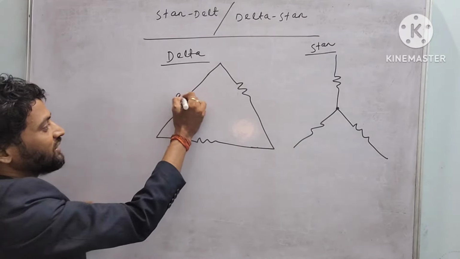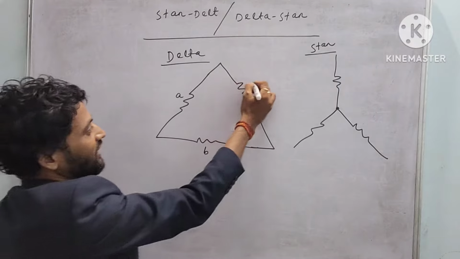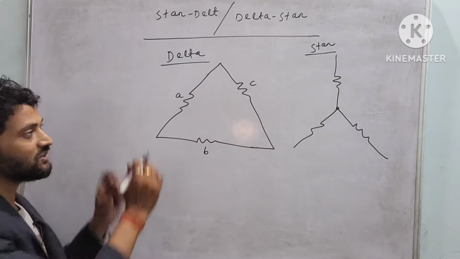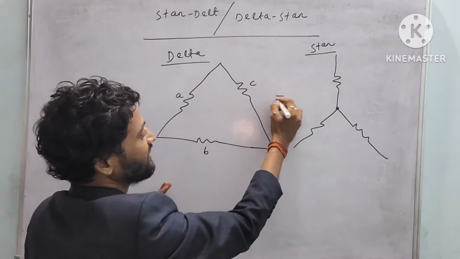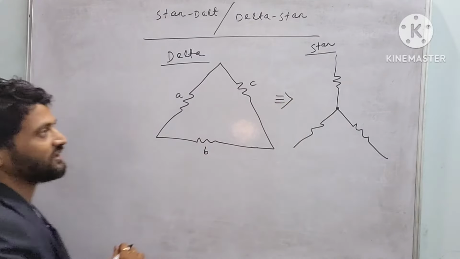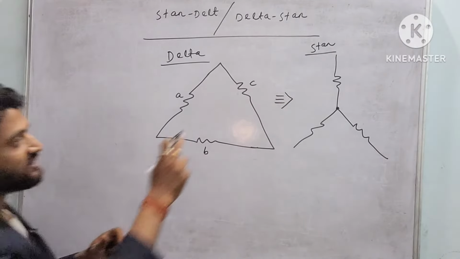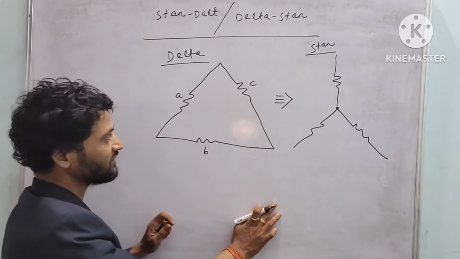Let the delta elements be A, B and C. So we can convert delta circuit to star equivalent circuit. What is the star equivalent element?